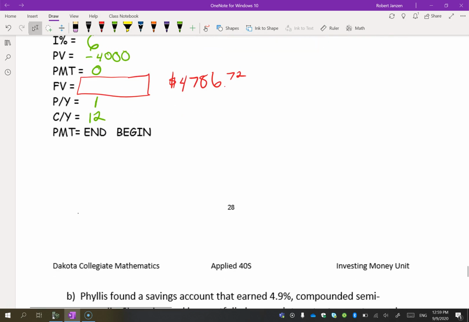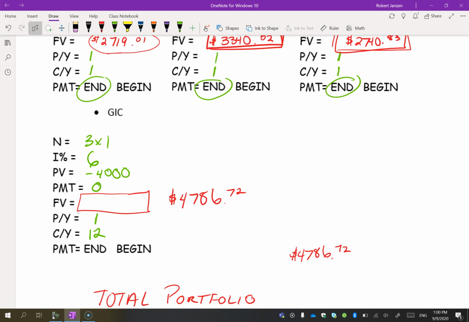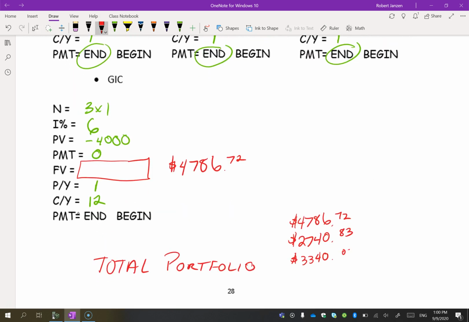So what is the total portfolio? Well, we're going to add $4,786.72, we're going to add $2,740.83 and $3,040.02.